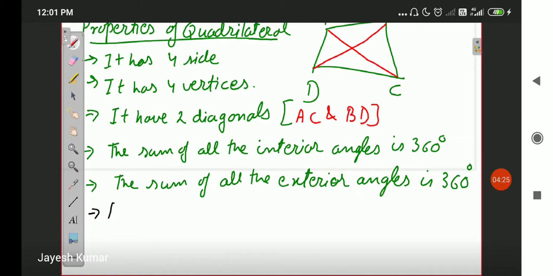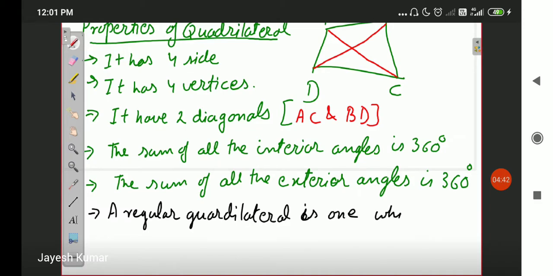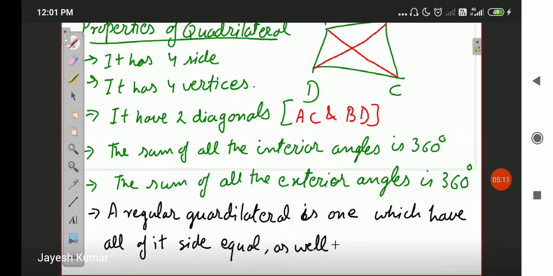A regular quadrilateral is one which has all of its sides equal, as well as all the interior angles equal.